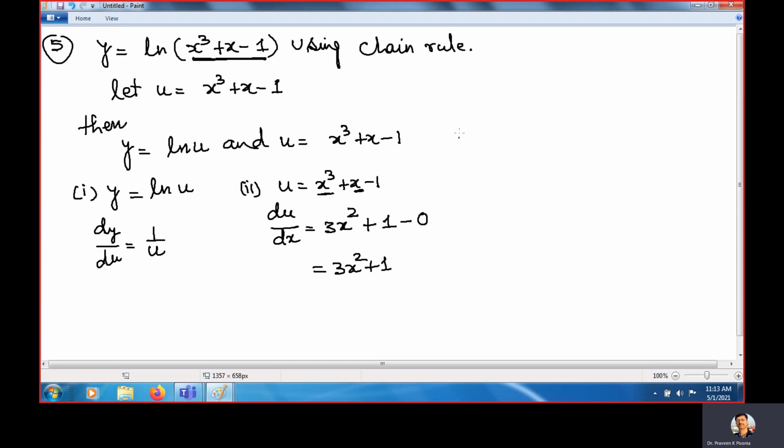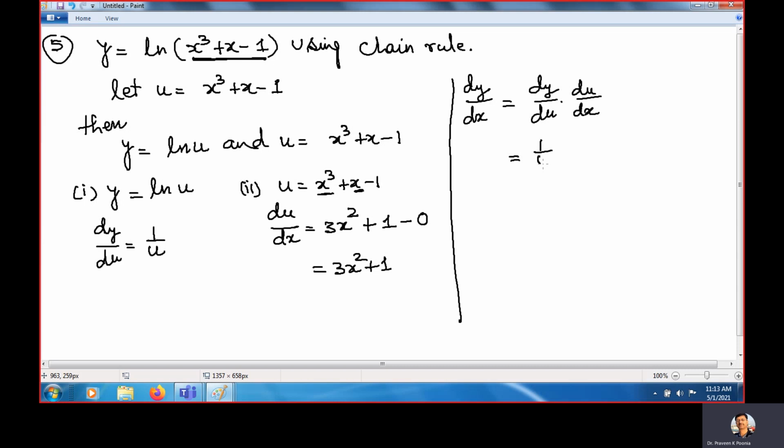Now the derivative of y with respect to x, chain rule is derivative of y with respect to u and derivative of u with respect to x. So y with respect to u, it is 1 upon u and it is 3x power 2 plus 1.